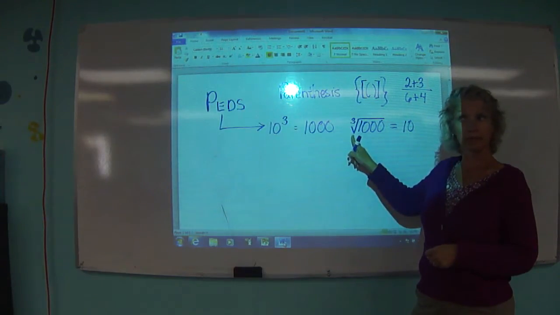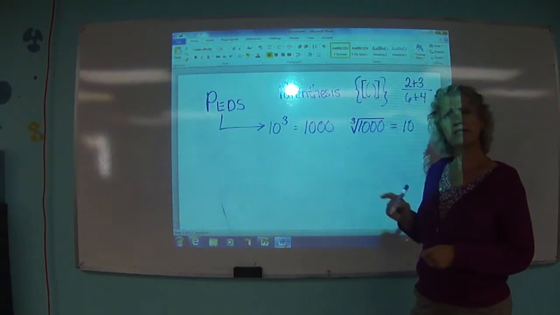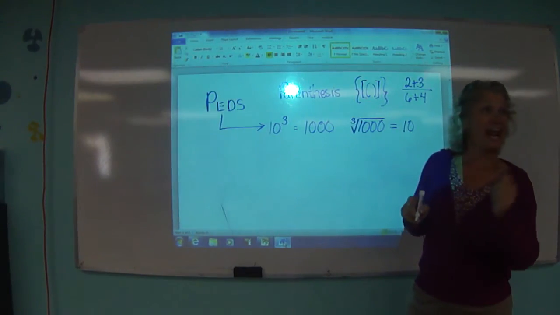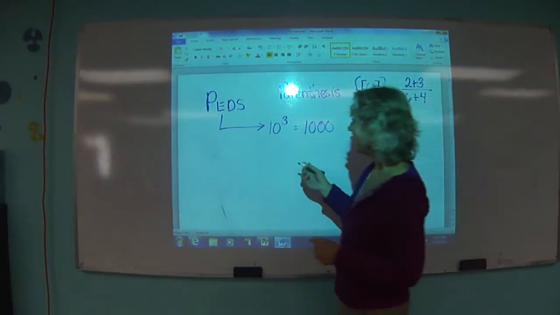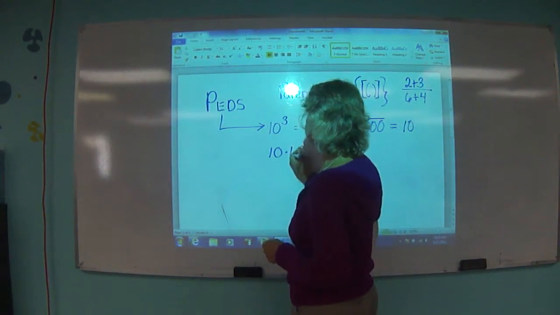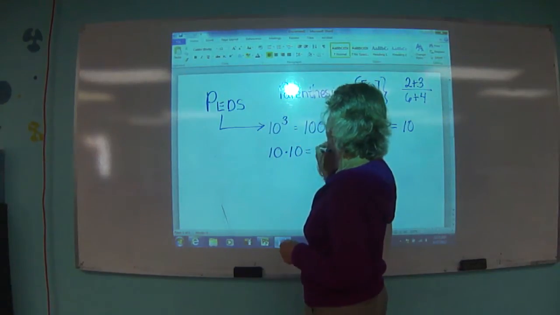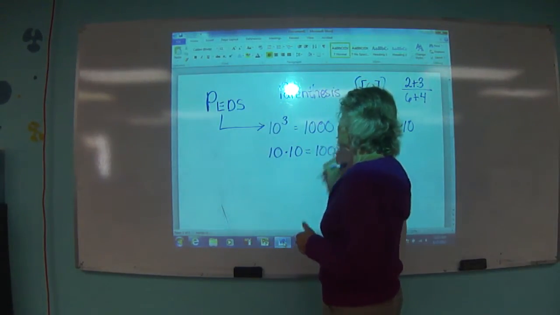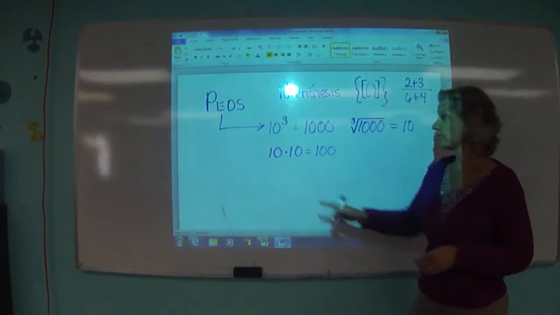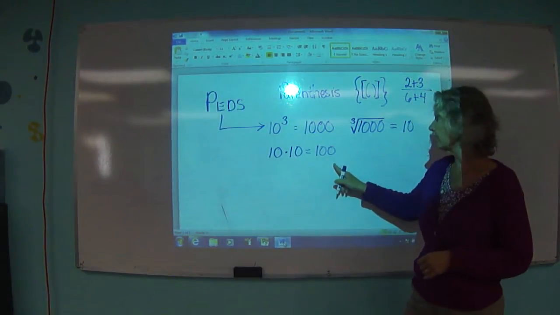What do you think D is? Division and multiplication. Again, I'm going to use tens again because I like the way they show something. We're talking about inverse operations. So 10 times 10 is 100.